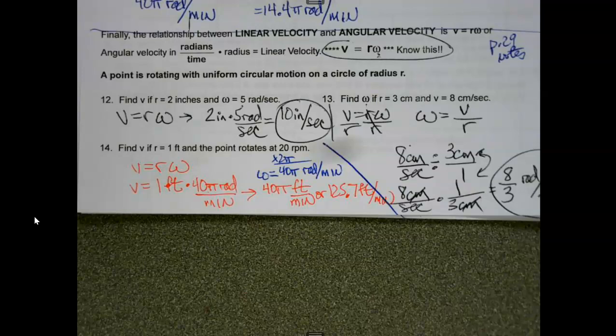Do I need to change minutes to seconds? On this one, I don't, since it was talking minutes from the start and I didn't see a second somewhere else. If I'd have had that change like we saw yesterday, where I saw minutes in one area and then my velocity was in seconds, then I'd make the difference. But otherwise we can just leave it in the format that it's in.